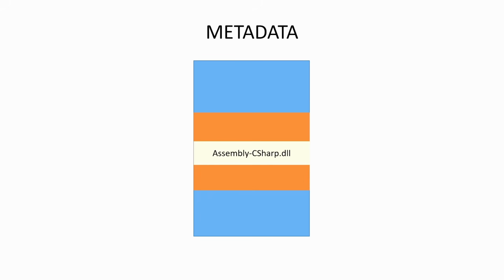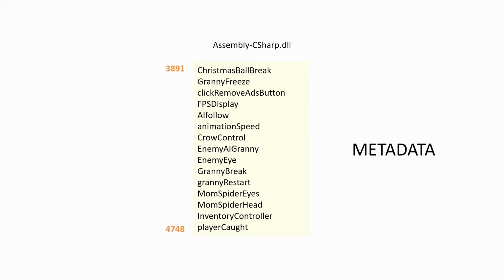For example, let's take Assembly-CSharp DLL stored at this location. Like we said before, whatever is stored in this metadata is at a fixed offset, no change. This DLL has its range, and we already saw that in our dump.cs file. If we go to that range, it will contain all its class names. I just showed a few of them, but it will contain all class names that you can see in the dump.cs according to the Assembly-CSharp DLL range.